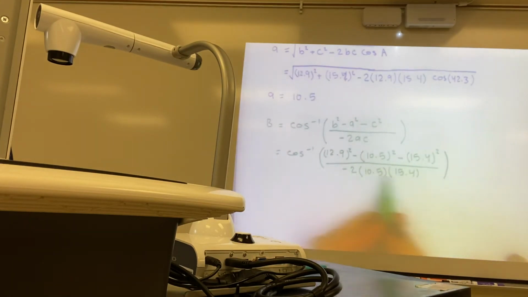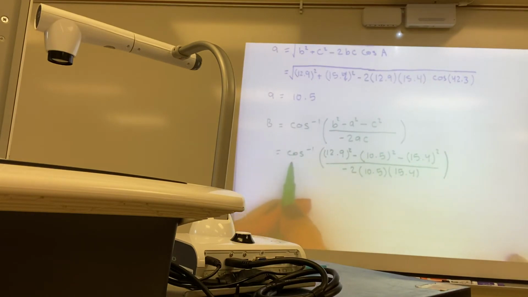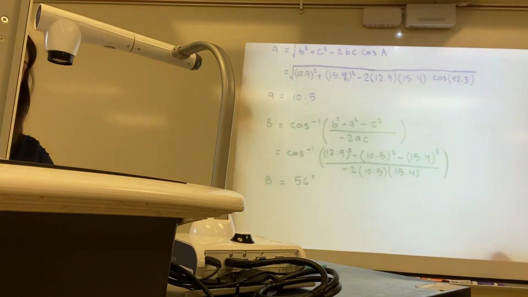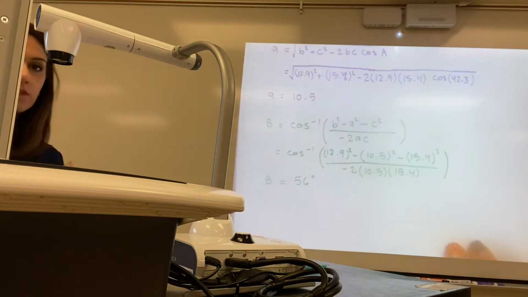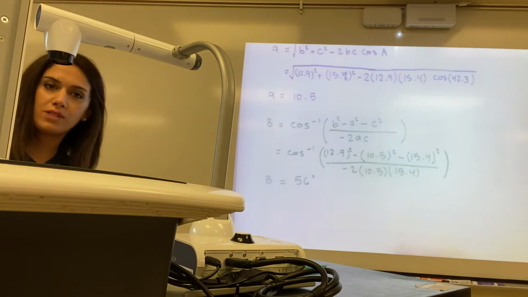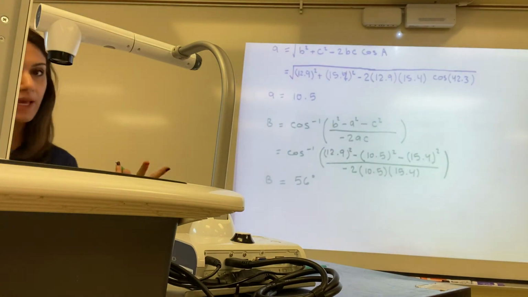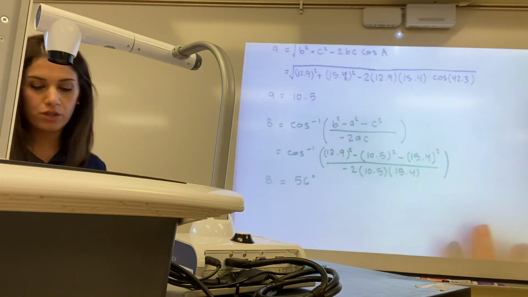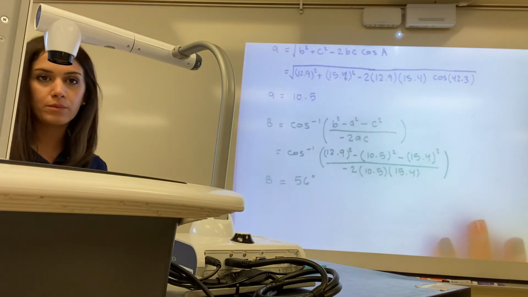Okay, so you evaluate all this and then take cosine inverse for it, and you should get B equals 56 degrees. I still need to find angle C, and I don't need to apply the law of cosines one more time here because I know two angles and all three angles should add up to 180.